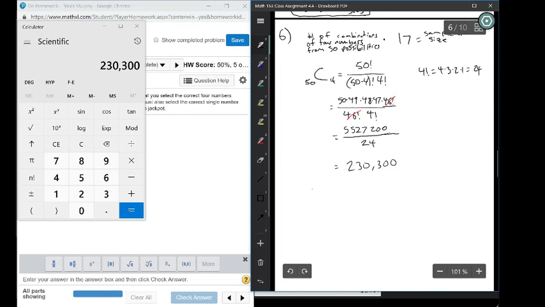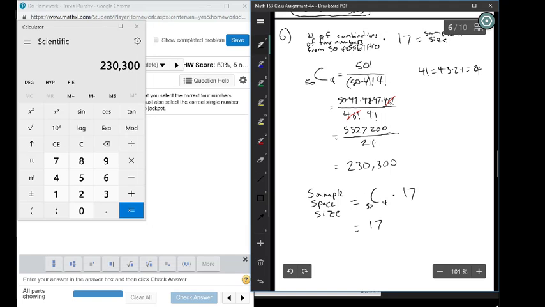So the sample space size is equal to the number of combinations of 4 numbers from 50 times 17 other possibilities.